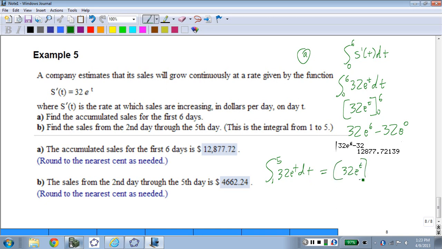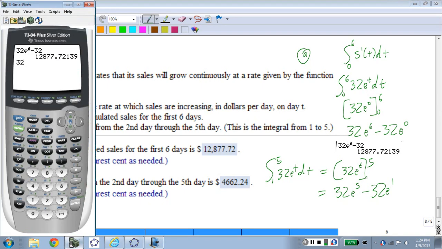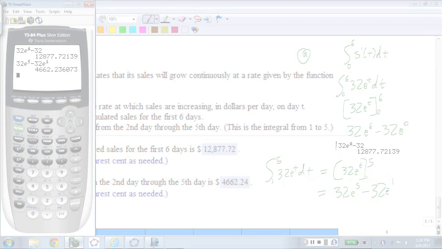We're going from 1 to 5, so it's 32 e to the 5th minus 32 e to the 1st power. There must have been a lot of sales on day 6, because it's considerably less if we just add up day 2 through day 5. 32 e to the 5th power minus 32 times e to the 1st power. $4,662.24.